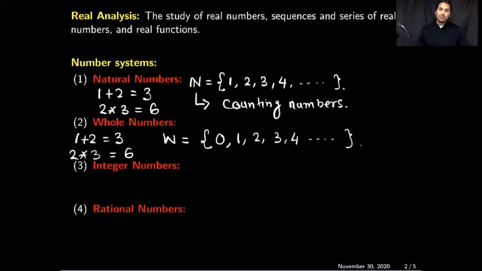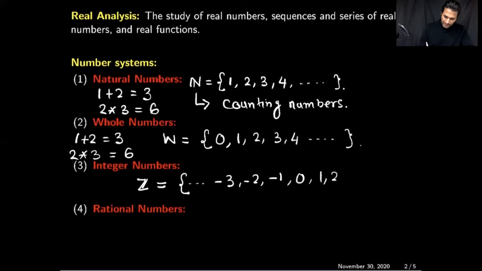So then the mathematicians introduced a new number system, which they called integers. In integers, we now include the negative numbers, which has 0 and all the natural numbers of counting. So this number system is again used for counting, but now we include the counting of negative objects. In this number system, you have the addition operation.